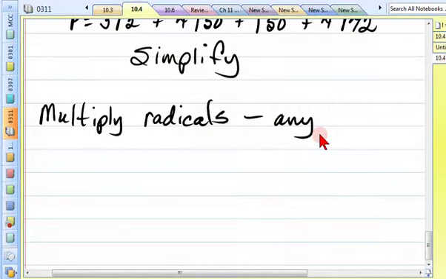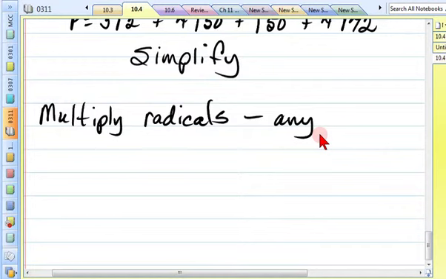It's similar to fractions. You can only add or subtract them if they have a common denominator, but you can multiply any two fractions. It's like polynomials. You can only add terms of polynomials if they have like variables, but you can multiply any of them. Same thing with radicals.